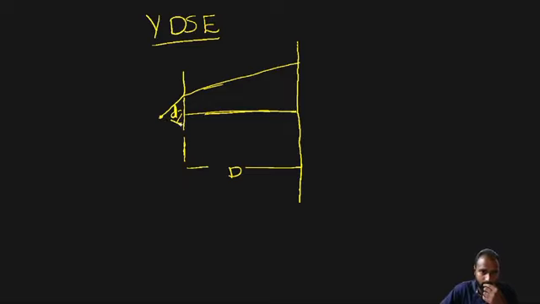Similarly, the light wave is intersecting here, going in many directions. From here the light wave is moving, and from here the light wave is moving.